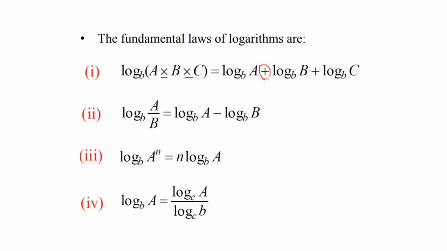Here we have divide, so we have minus. And the third rule, log a power n: the power n comes before the function, n times log a. Only these three rules are enough.